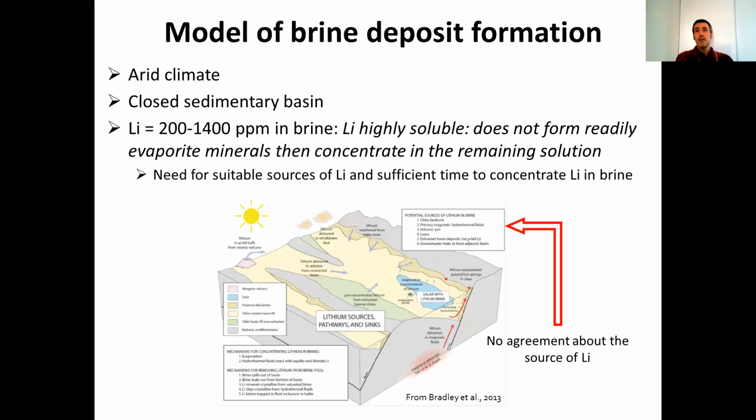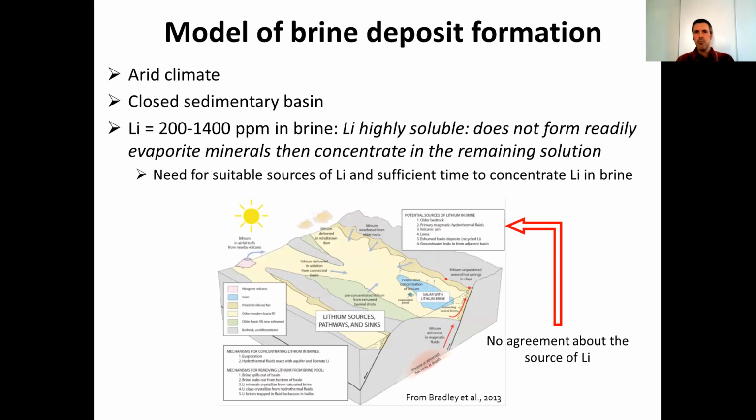Now we can look at the models of brine deposit formation. We need an arid climate. We need a closed sedimentary basin, and we need lithium contents of 200 to 1400 ppm in the brine.